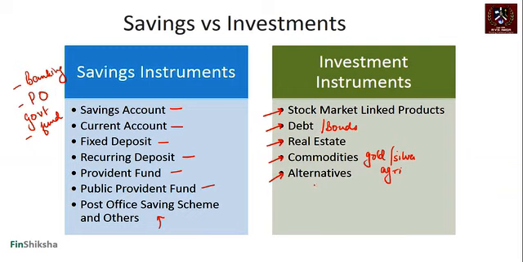Alternatives are anything that does not fall in the top bracket. That could be things like derivatives. That could be things like art, wine. You would be surprised to know that people actually collect paintings. There is an investment that is done in paintings. People collect wine. Investments are done in wine. And essentially at a later point of time, the wine gets sold at probably a higher price point, right?